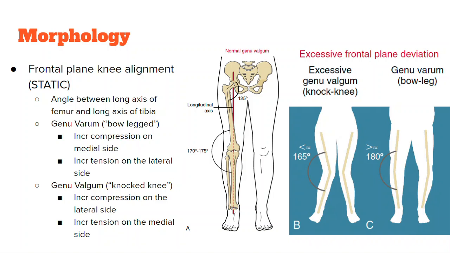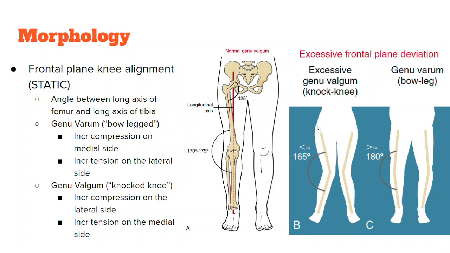Another movement or posture morphology for the knee joint is frontal plane knee alignment. So again, this is postural static alignment, and it's the angle between the long axis of the femur and the long axis of the tibia.